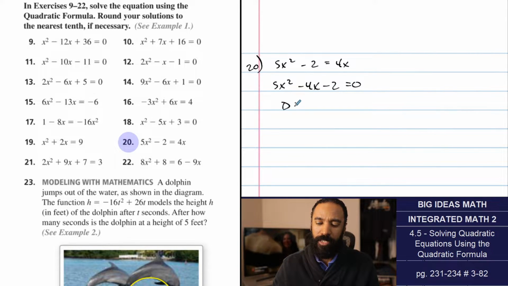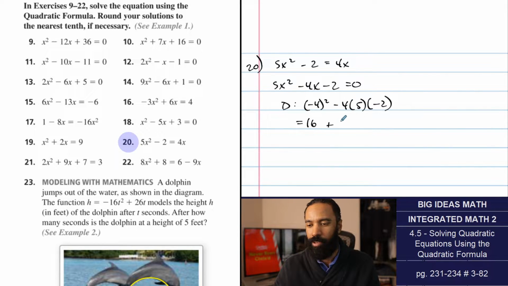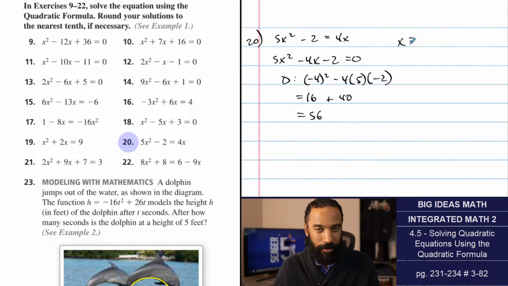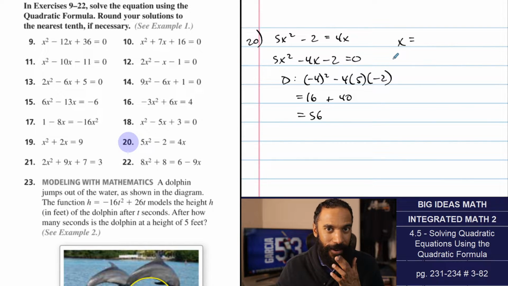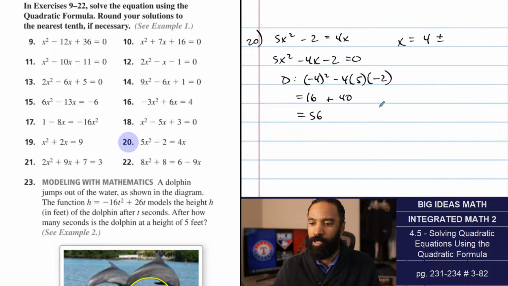The discriminant will be b squared minus 4ac, which is 16 plus 40, which is 56. 56 is not a perfect square, but it has a perfect square factor because you can do 14 times 4, which is 2 root 14.